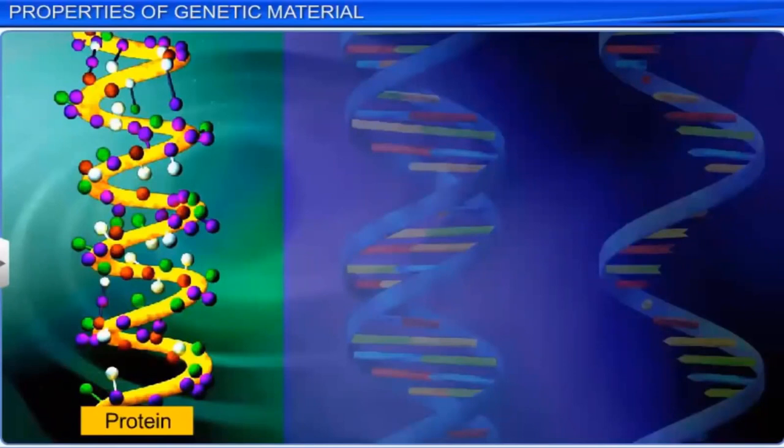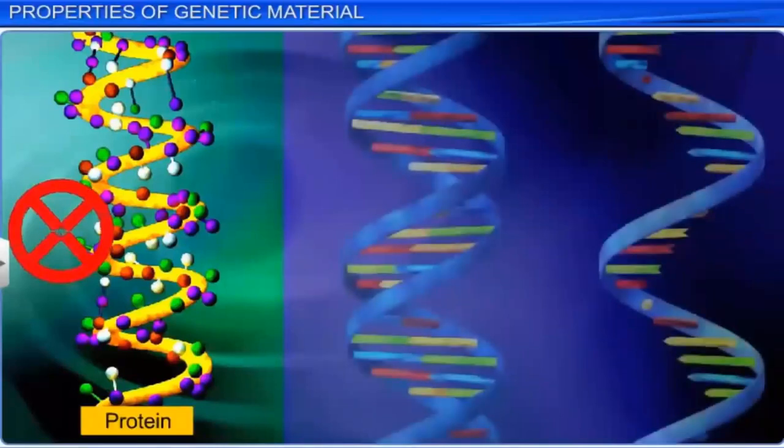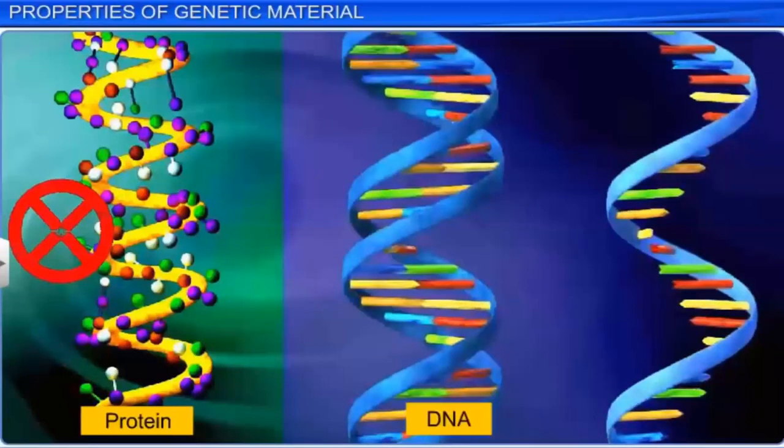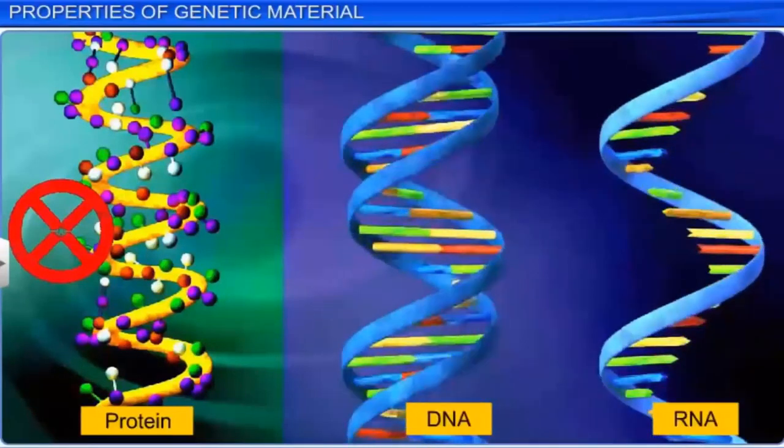So all that is very much satisfied by DNA and RNA. Molecules, including proteins, fail to fulfill these criteria. Even so, both the nucleic acids, DNA and RNA, meet all these requirements.